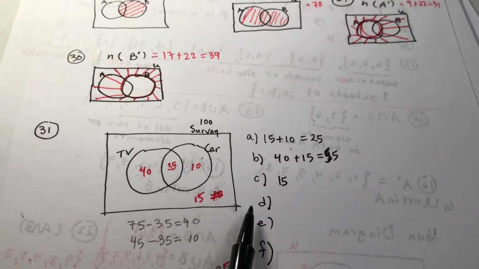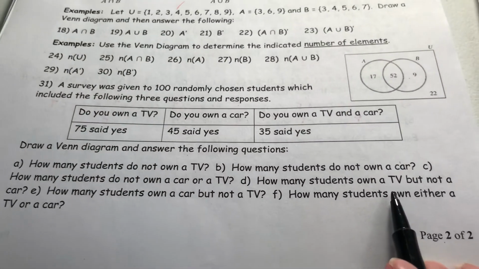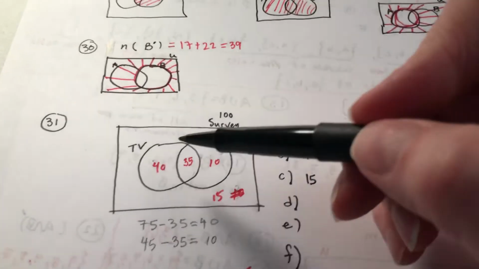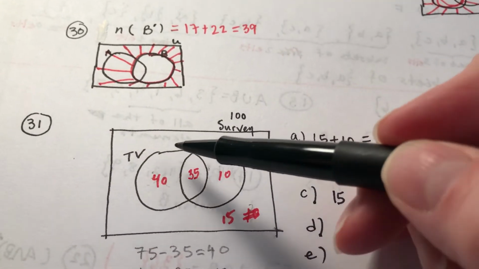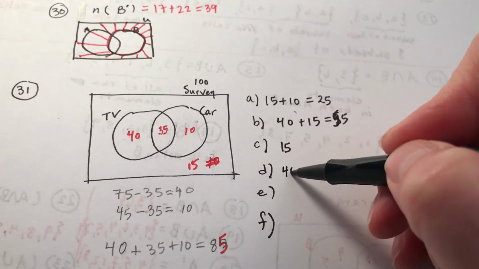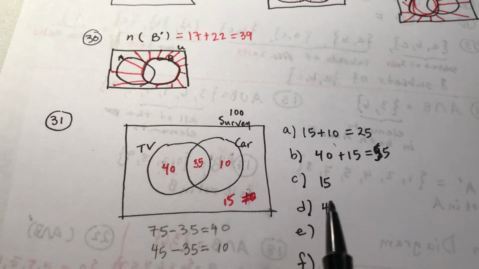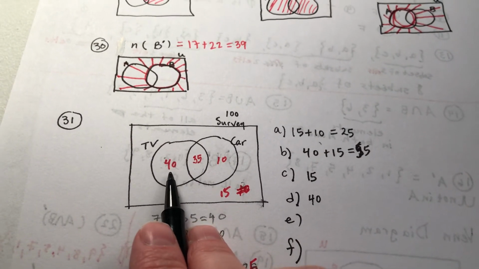D: how many students own a TV but not a car? All these students own a TV, and these own TVs and cars. So 40 would be the number who own TVs but don't own cars.